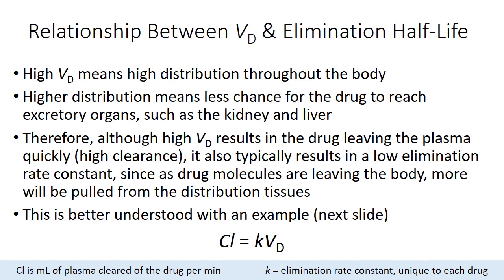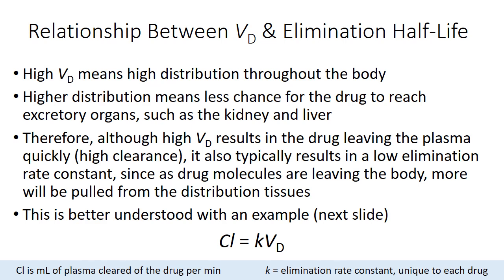To calculate clearance, it's the elimination rate constant. Here it says K, but I also use K sub EL. So K times VD is the clearance. The clearance from the plasma is made up of the elimination rate and the volume of distribution.